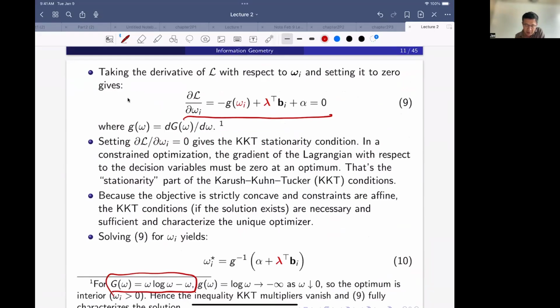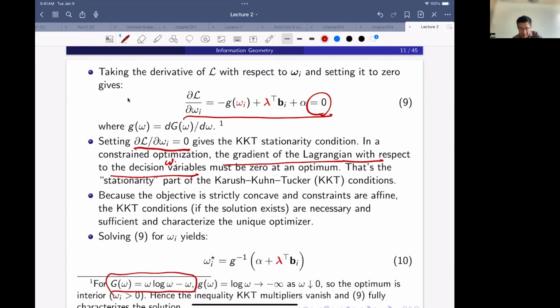Okay, so this is a very standard problem. This is sometimes called the KKT condition, right? So basically the gradient of the Lagrangian with respect to the decision variable, which is omega i, must be zero at the optimum. So this is explaining why we put zero, because this is the kind of boundary point of the optimization.